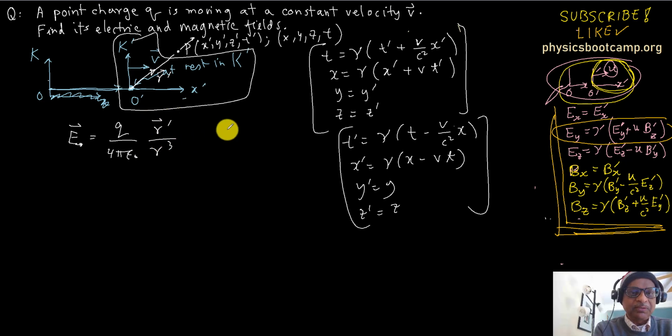So this is the unit vector, like a u hat in the r prime direction times r prime square. So that's what this is.